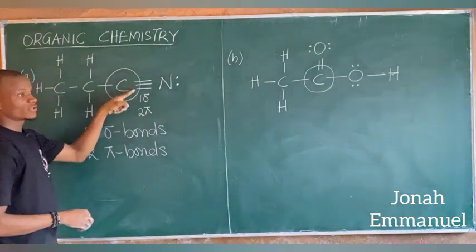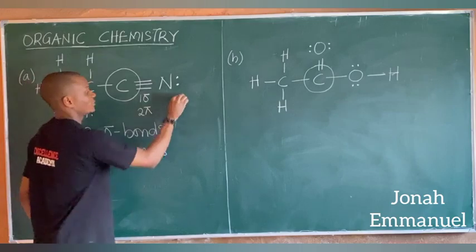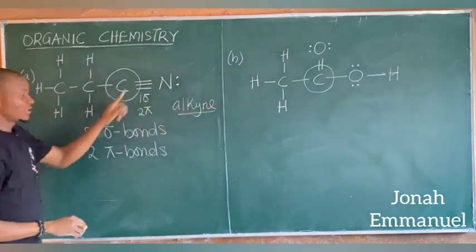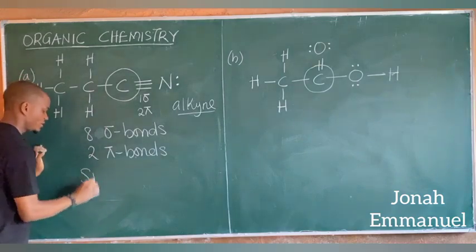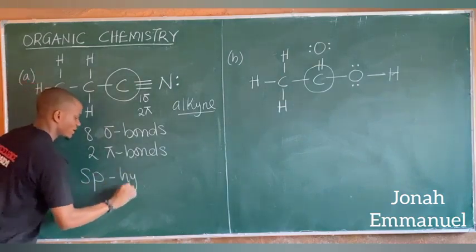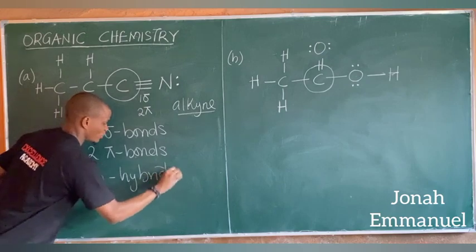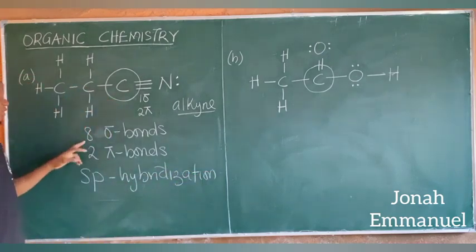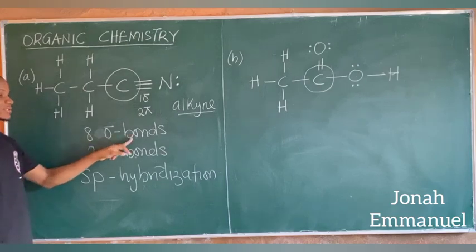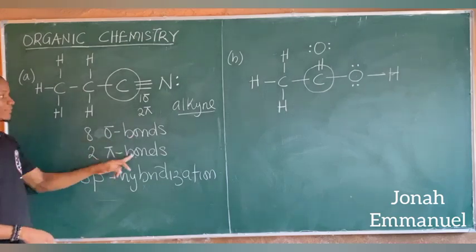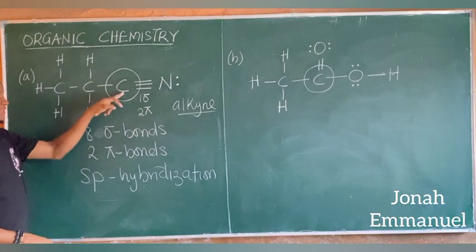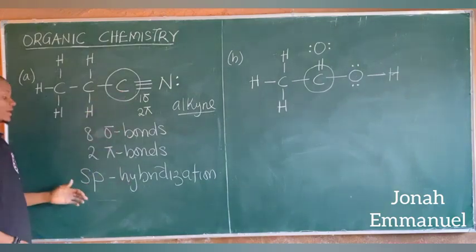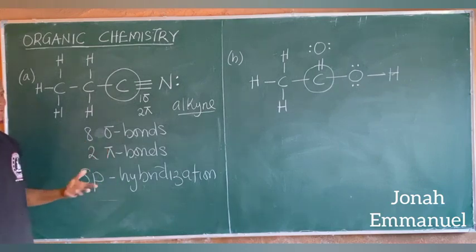It has a triple bond. And for an alkyne, we said the hybridization pattern is sp. So hence, this compound has a total of 8 sigma bonds, a total of 2 pi bonds, and this particular carbon is sp hybridized.